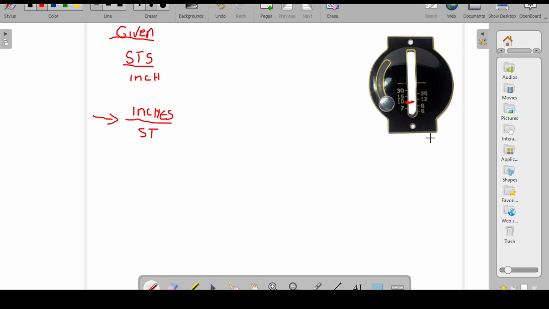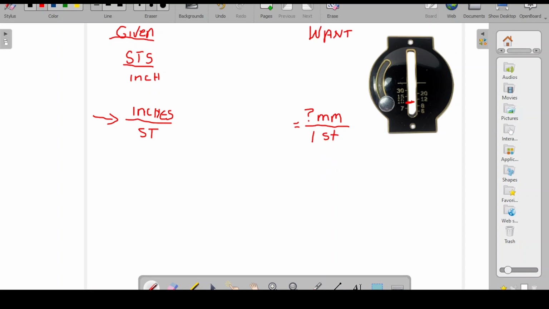What is that in, say, millimeters? We just want to know millimeters. So we want to know, and this is what you do, you put what you want on the right side of an equal sign. So we want to know how many millimeters are in one stitch.